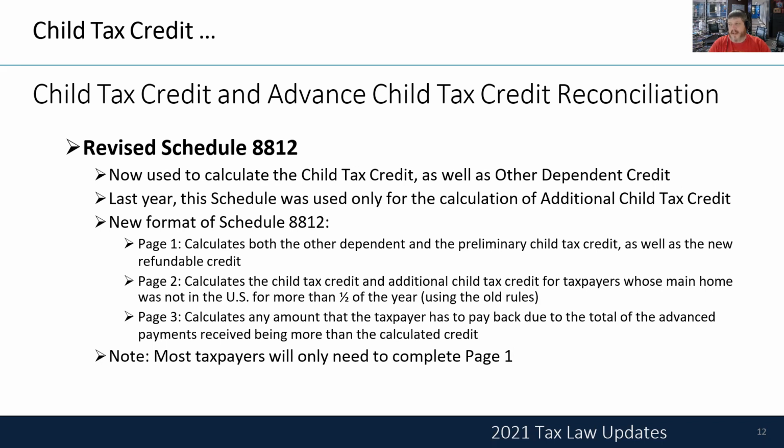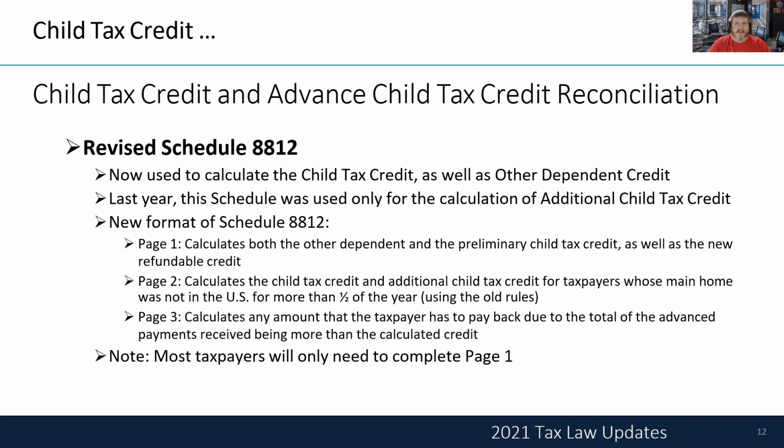Page 1 calculates the other dependent and the preliminary child tax credit, as well as the new refundable credit. Page 2 calculates the child tax credit and additional child tax credit for those people whose home was not in the United States for more than half of the year. And then page 3 calculates any amount that the taxpayer has to pay back due to receiving more advanced child tax credit payments than they actually qualify for.